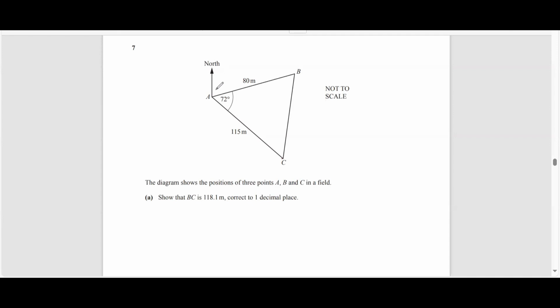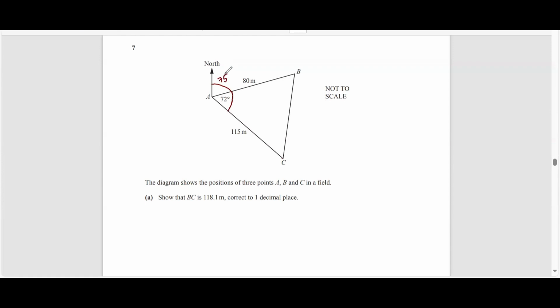It's already there. And we need to go clockwise until we reach the line AC. It's given that the bearing of C from A is 147. So I can find out what this angle is: from 147, I subtract 72. So from 147, when we subtract 72, we'll get 75.